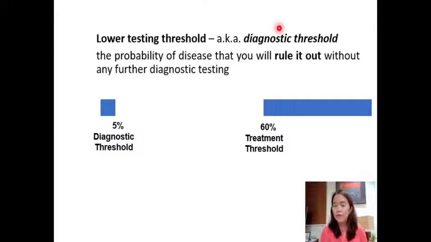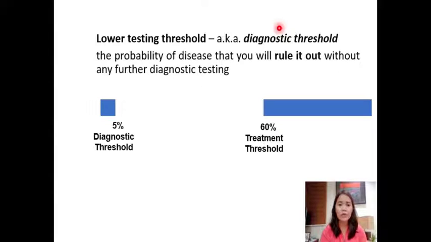For instance, if you are talking about a very serious condition which has a very high attack rate and is very contagious, then you would probably set a diagnostic threshold lower than 5% because you don't want to miss this diagnosis. You really want to be sure that the patient does not have the disease before totally ruling it out.